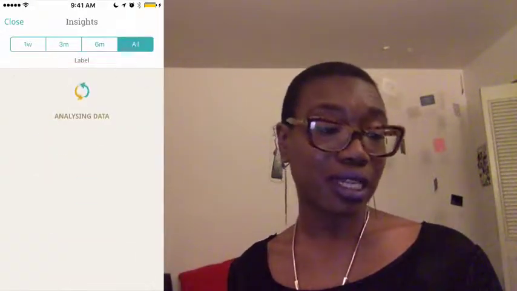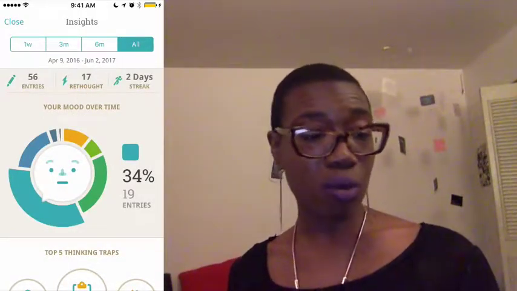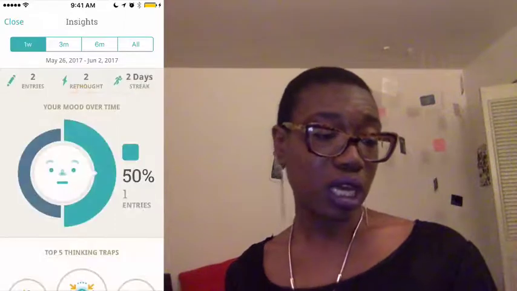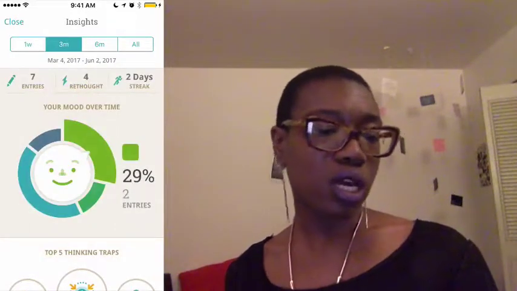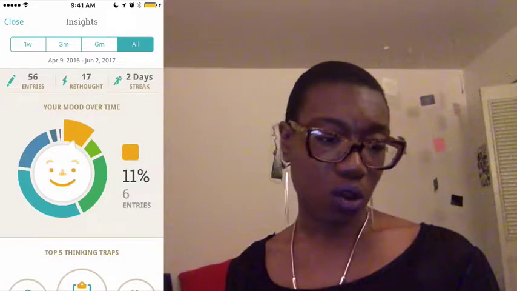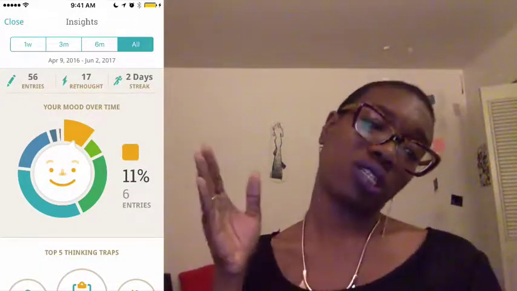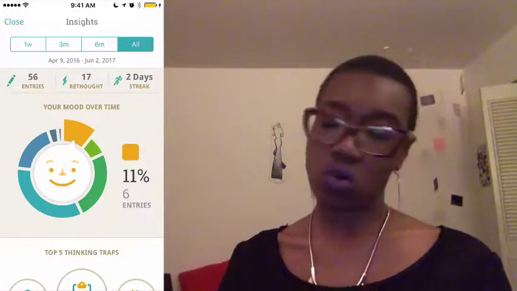But the insights gives you an overall view of your emotional state. You can do it for 1 week, 3 months, 6 months, or for all time. So this date range is actually old because I had the app on a prior phone.